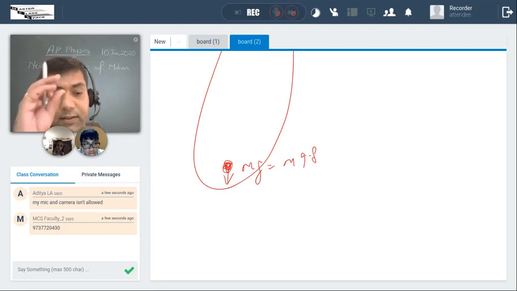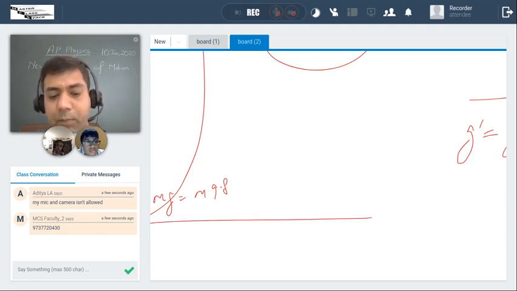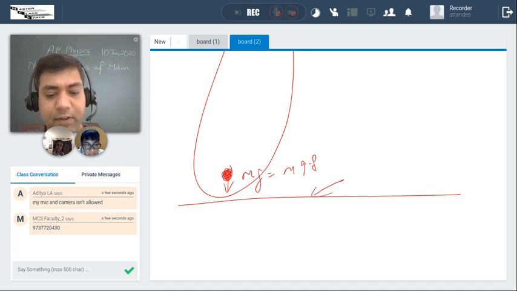I'm talking about the mass near to the surface of Earth. You take a small molecule, or a bunch of molecules near to the surface of Earth. This is Earth. This is surface of Earth.